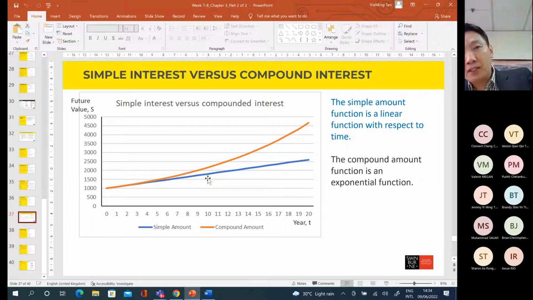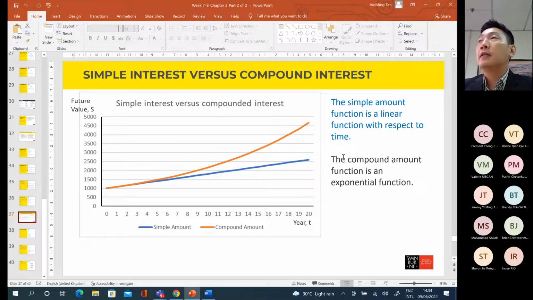For compound interest, the future value is growing like an exponential equation, which means growing faster. So if you are the investor, we prefer to choose compound interest so that we can earn more return. But the borrower should choose simple interest, so as to lower the cost of borrowing.